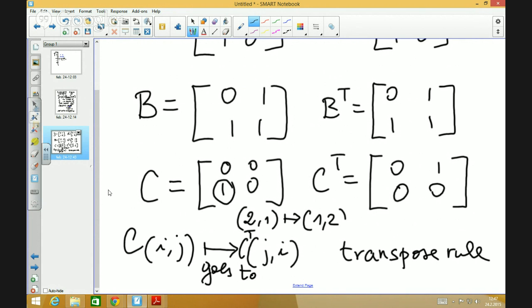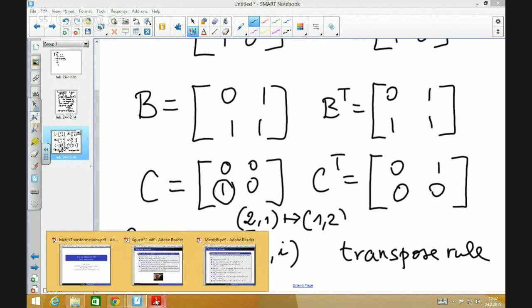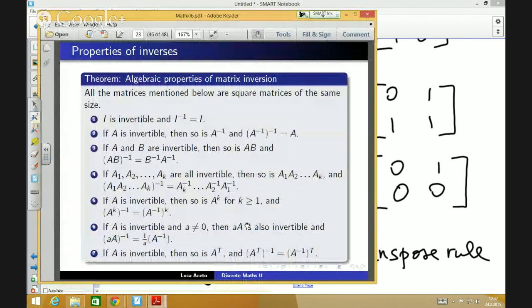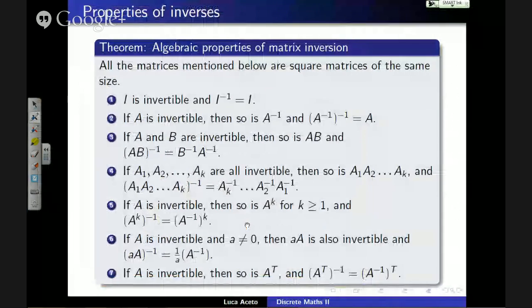So, what is the message? The message is that not only inverses can be efficiently computed, they have lots of nice properties that relate them to the standard matrix operations, in particular with multiplications and transpose. The important properties of the inverse operation are summarized really here on this slide.